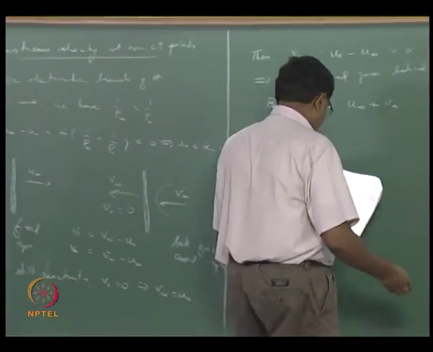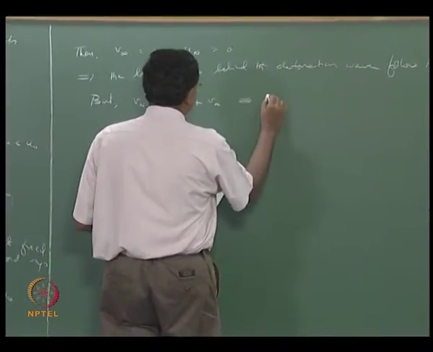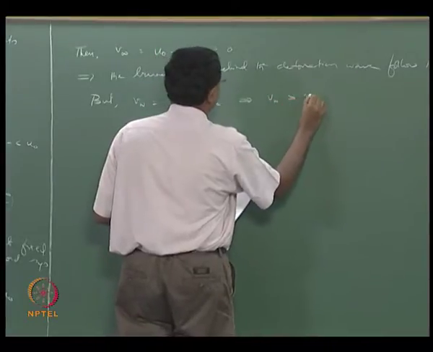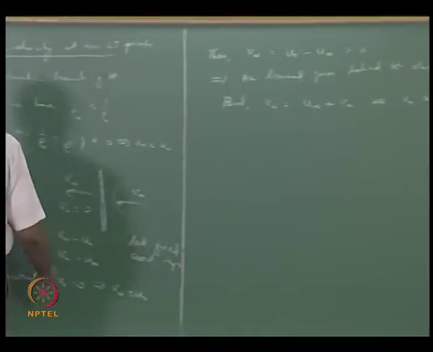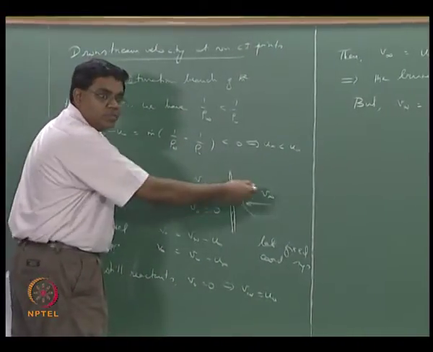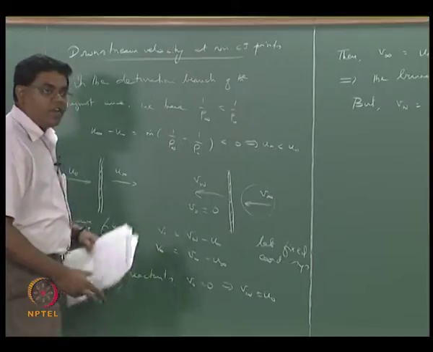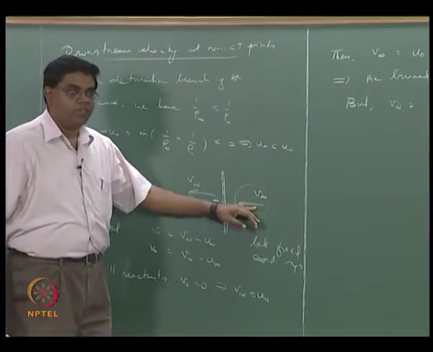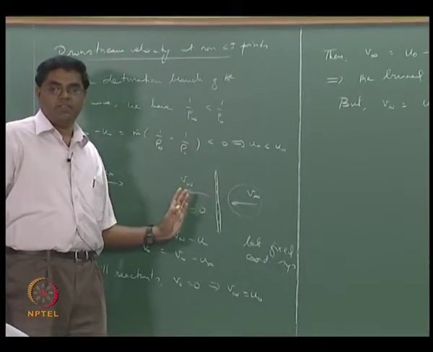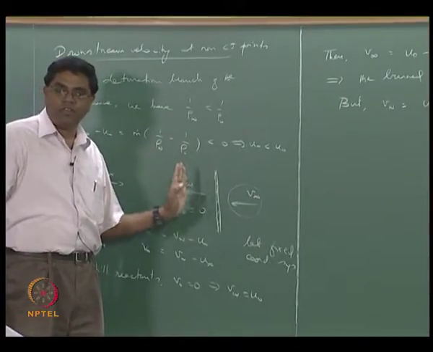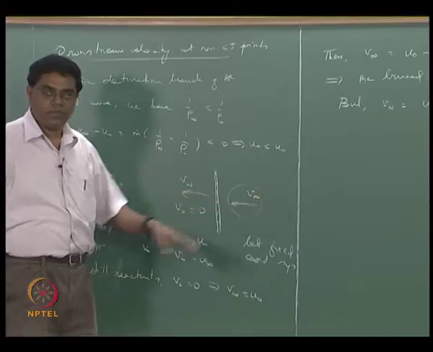So this implies that V wave will obviously be greater than V infinity. And how did we define the V wave? V wave and V infinity are in the same direction, right. Since V wave is greater than V infinity, it follows that the burn gases will never be able to catch up with the wave. The wave is going to travel faster than the burn gases, right.